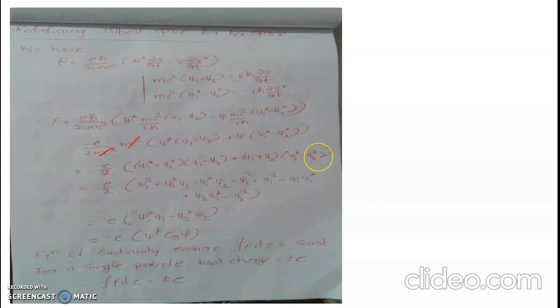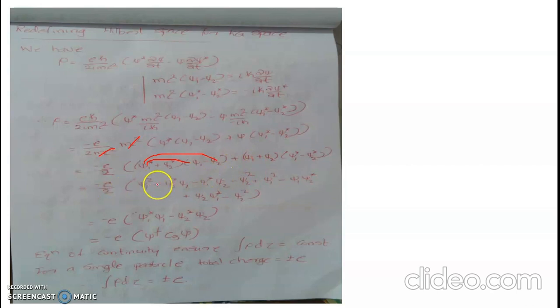That is ψ1*ψ1 with ψ1*ψ2 with a minus, then ψ2*ψ1 with plus, ψ2* into minus ψ2, that is minus ψ2 square, plus here also we open this bracket, ψ1 square minus ψ1ψ2* plus ψ2ψ1* minus ψ2 square.